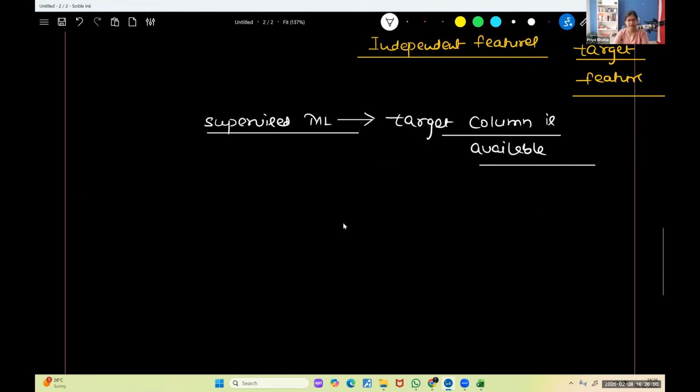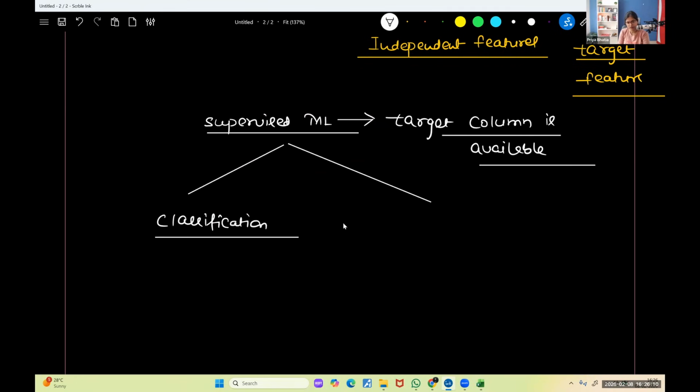Is it fine? Now, in supervised, we have two categories. One is what we call classification. Another one is what we call regression.